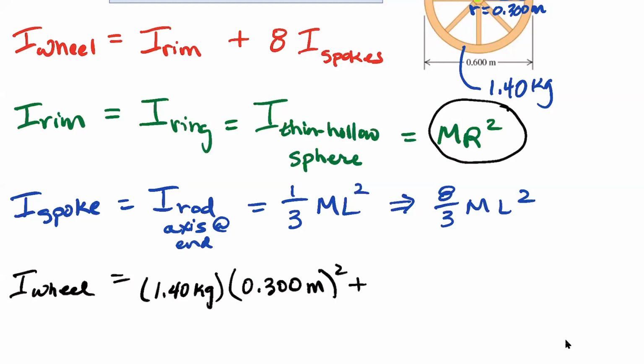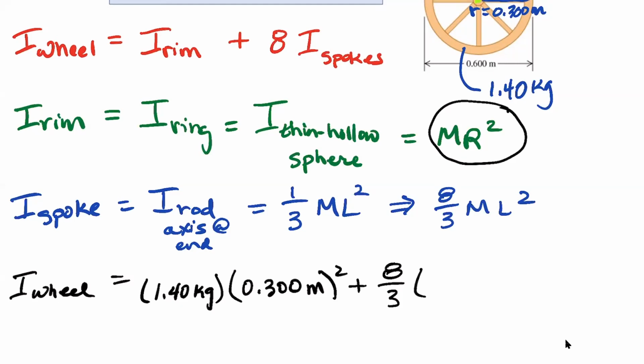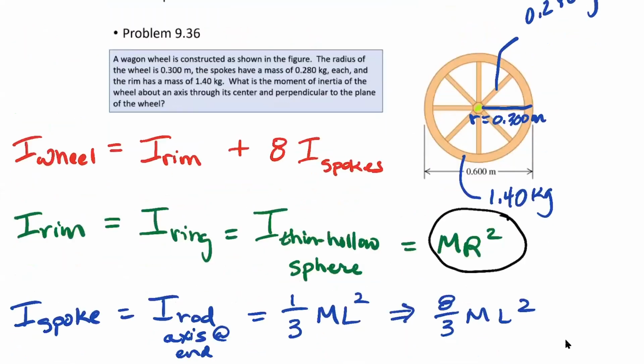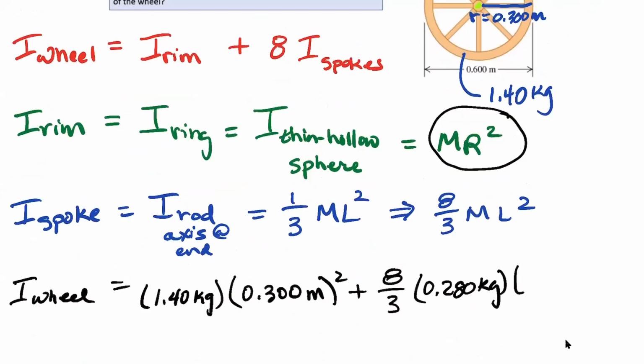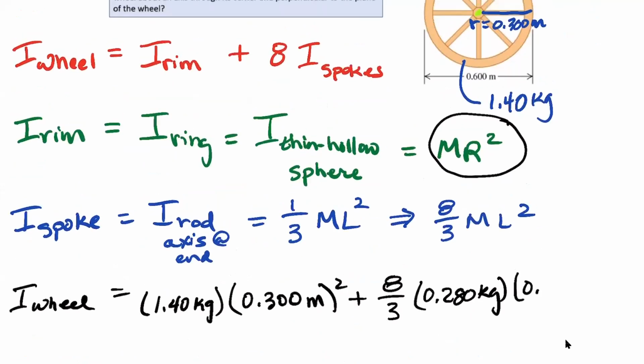And then we have 8 spokes, and each spoke has a mass of 0.280 kilograms. And each spoke had a length of 0.300 meter, and that is squared.